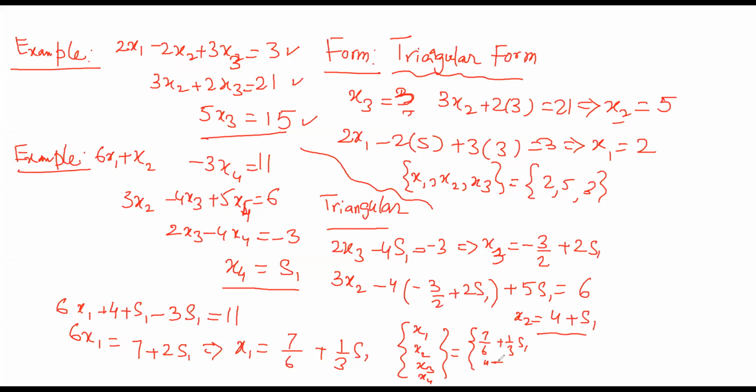And then we found minus 2 by 3. Then we found minus 3 by 2 plus 2s2. Then the last one is s1. Okay. Anyway, you understand it. So this is one of the examples.